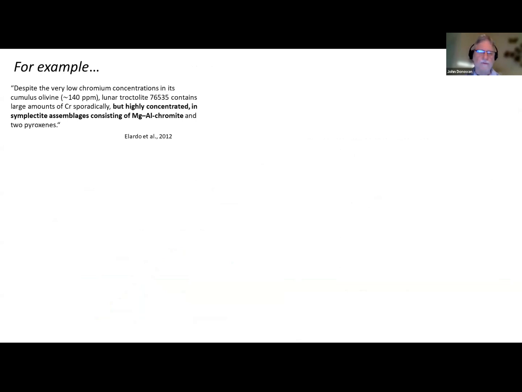This was a very unfortunate situation where a student of one of our colleagues was giving a presentation at a lunar planetary conference, and they were analyzing lunar olivines adjacent to some pyroxene and chromite materials. They're very complicated materials.